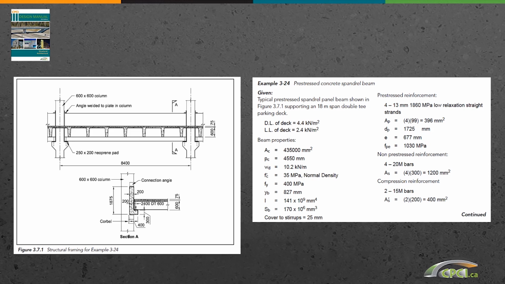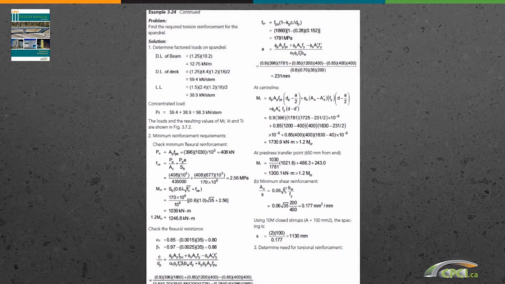We have four 13 millimeter low lax strands and four number 20 bars as well. So we have strands and bars in the same section. What we need to know is what kind of shear and torsion requirements need to be designed for that spandrel.